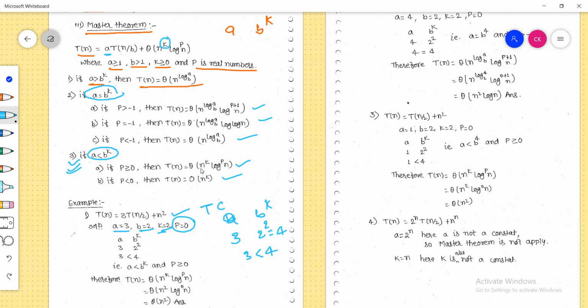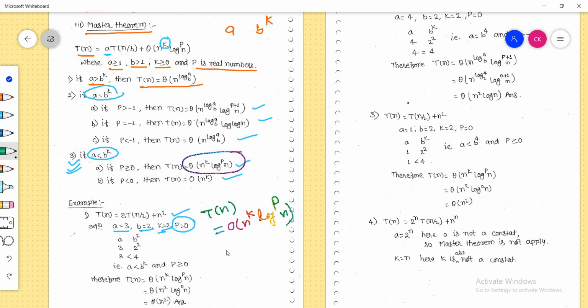So T(n) is equal to order of n^k log^p n.